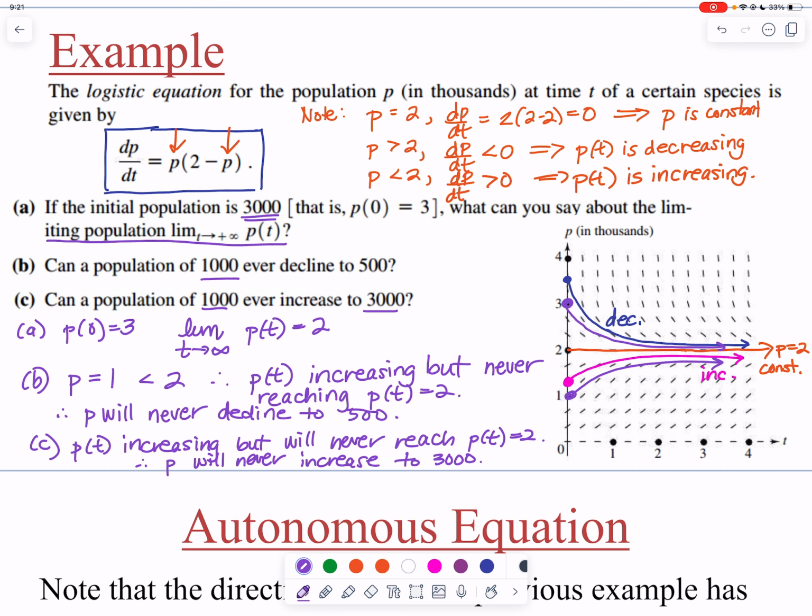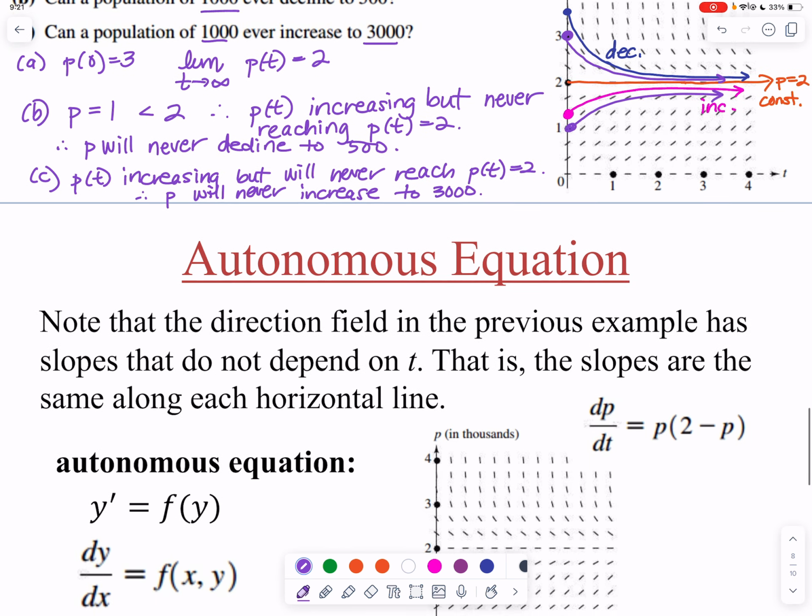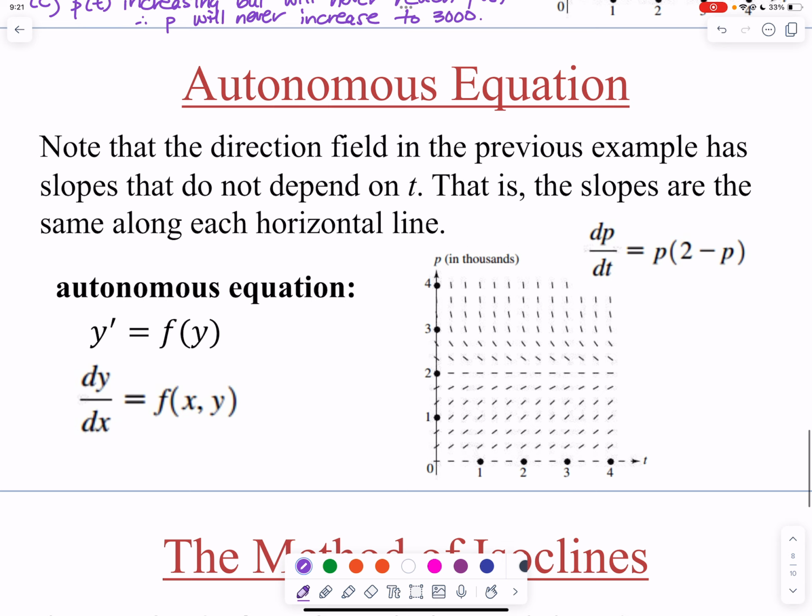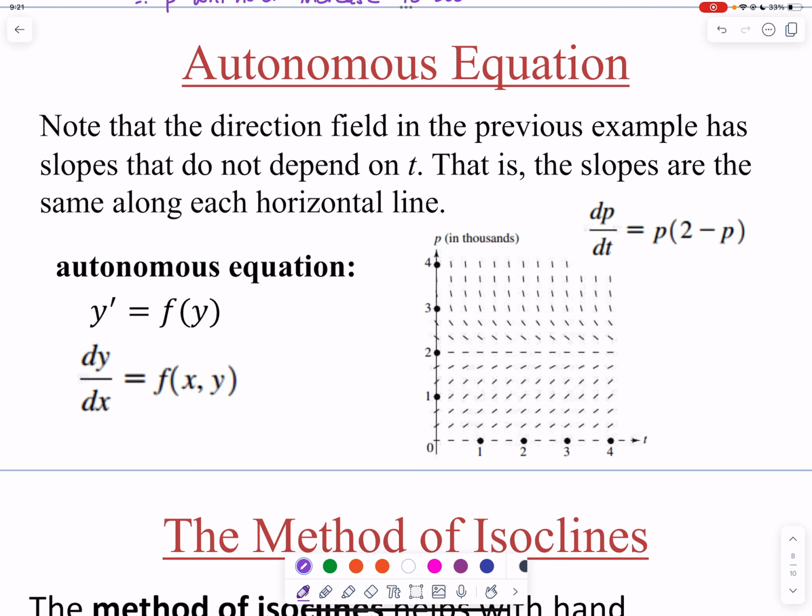Okay, let's take a look at an autonomous equation. So we note that the direction field in the previous example has slopes that do not depend on t. That is, the slopes are the same along each horizontal line.